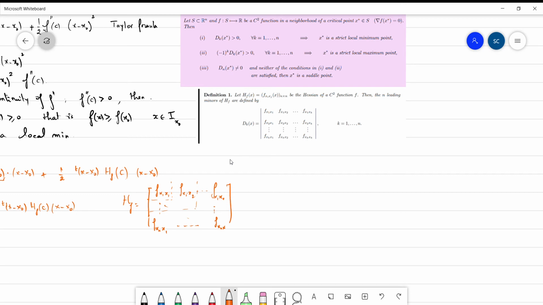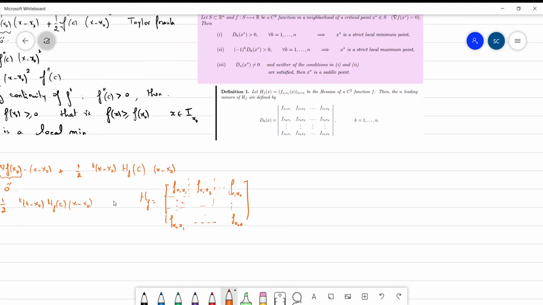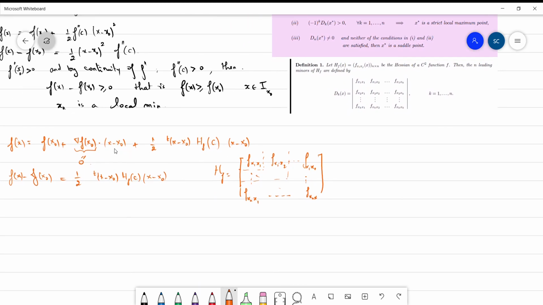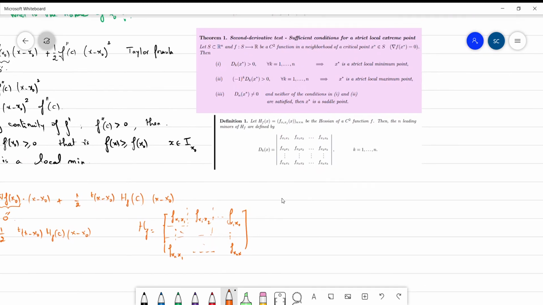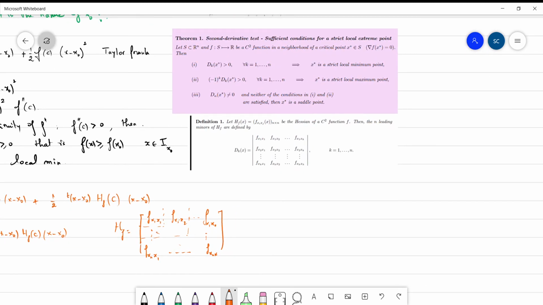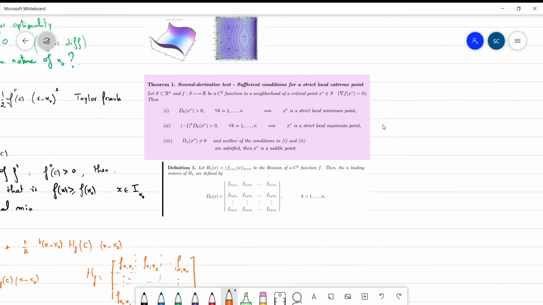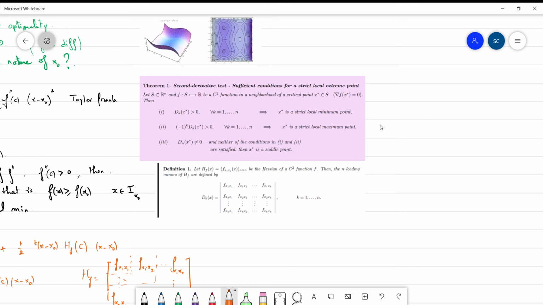If you check that the sign is strictly positive for each k, then it is a strict local minimum, because this ensures the positivity of this quantity. Okay, your matrix is positive definite, we call it positive definite. So the matrix HF at x star is positive definite.